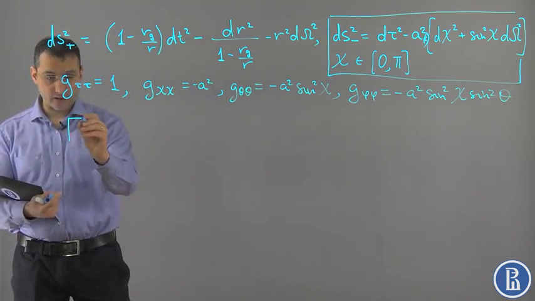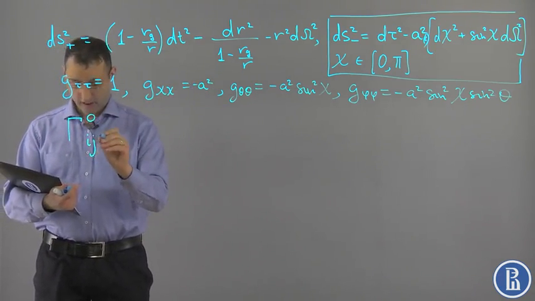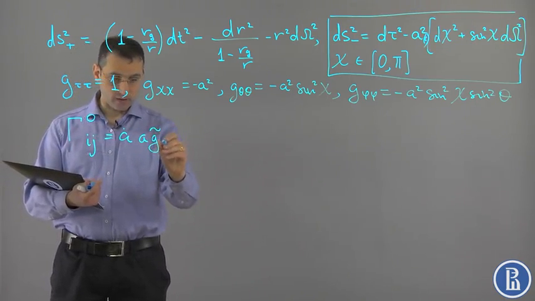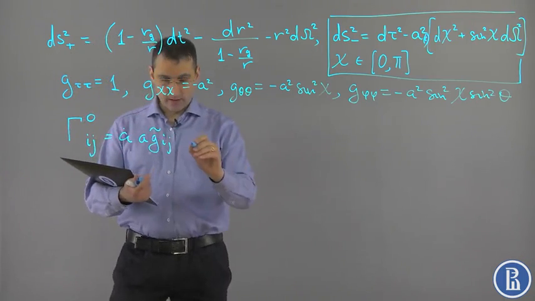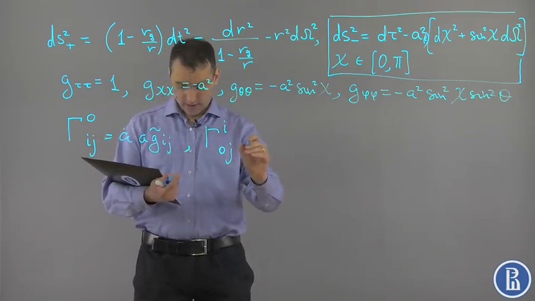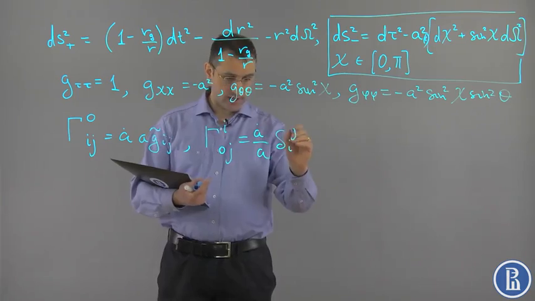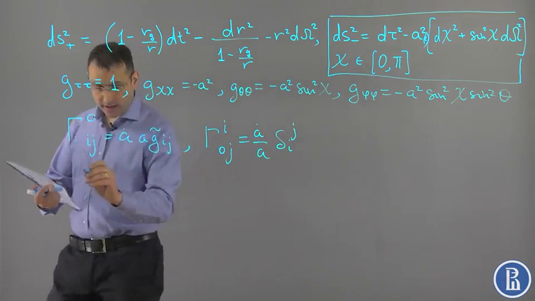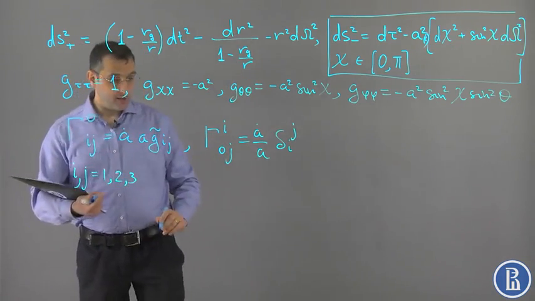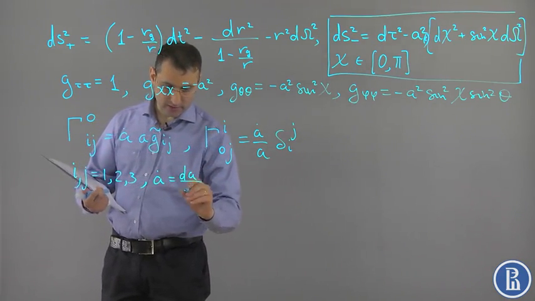The ones relevant for our discussion here are the following: Gamma 0 ij is a dot a g twiddle ij, and Gamma i 0j equals a dot over a delta ij, where i and j run from 1 to 3, and a dot is dA over d tau.